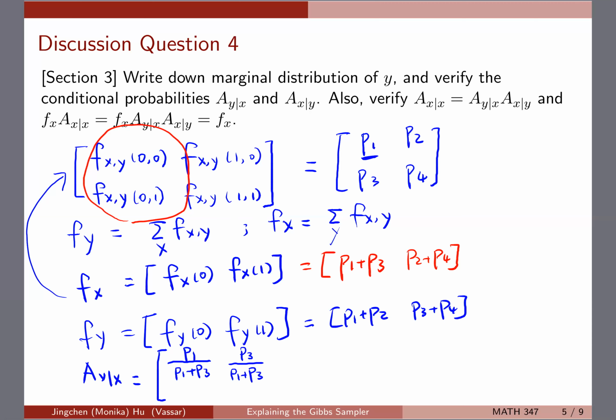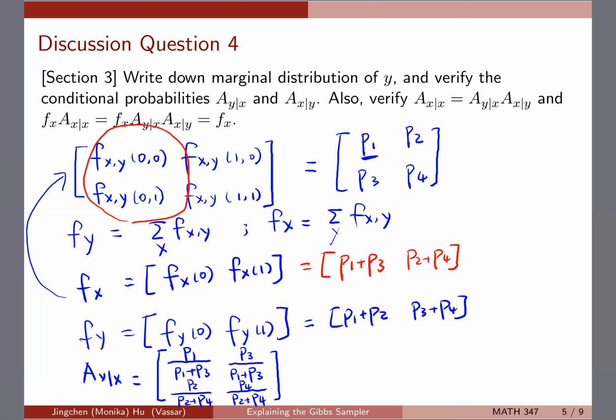And the second is P2 over P2 plus P4, and then this is P4 over P2 plus P4. So what do we mean by verify? We know what it is, and we need to verify it is indeed the transitional matrix.